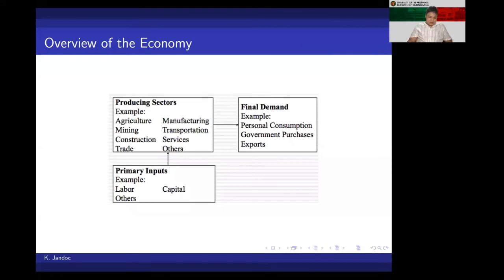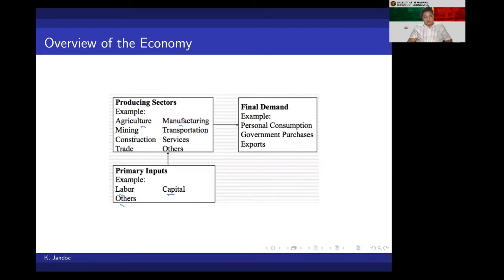Now, the model assumes an economy that's made up of primary inputs, the sectors that produce, and final demand. The primary inputs are labor and capital, so you have machines and workers that are inputs to production, and they are used by the producing sectors, for example, agriculture, manufacturing, mining, and so on.